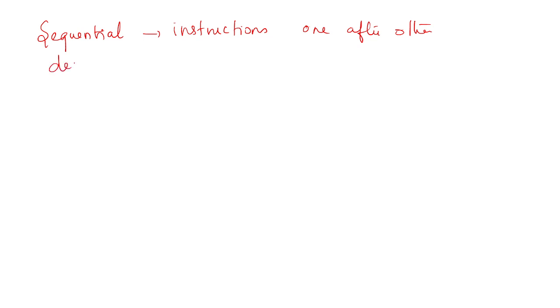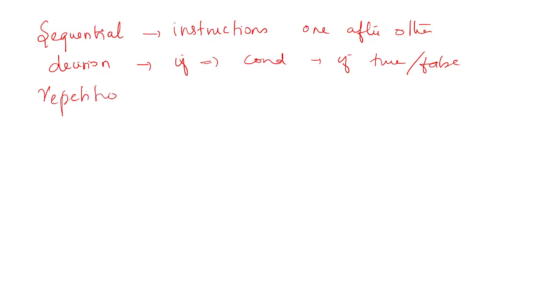We also have decision statements, that is, we check for an if condition. If some statement is true, that is a conditional construct. We check for a condition, and if it is true, we pass to one branch, and if it is false, we take another branch. And there is also a type of control structure which we call repetition, that is, whenever you want some set of statements to be repeated for a particular number of iterations, say n iterations.